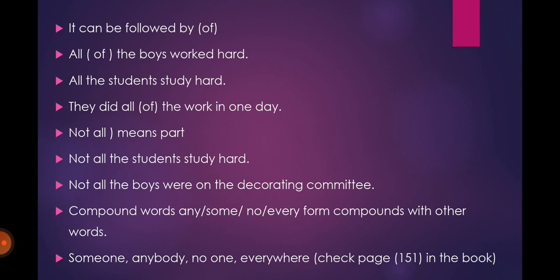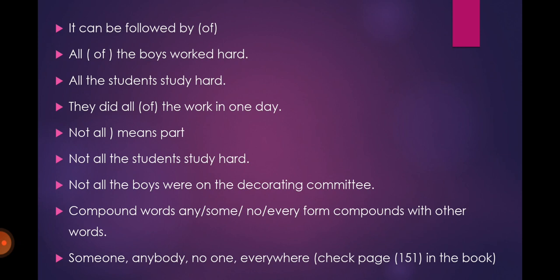طبعا على مر هذه الدروس الماضية والآن الكلمات اللي أخذناها في هذا الدرس we have compound words، كلمات مركبة على غرار الجمل المركبة التي تدمج مع بعضها. عندي compound words we use any, every, with some, with other words, okay, to form compounds with other words like someone, anybody, no one, everywhere.